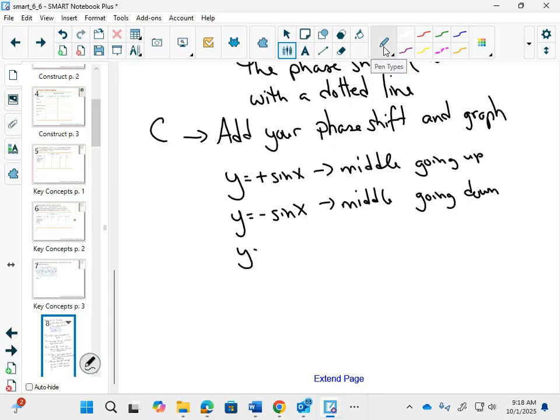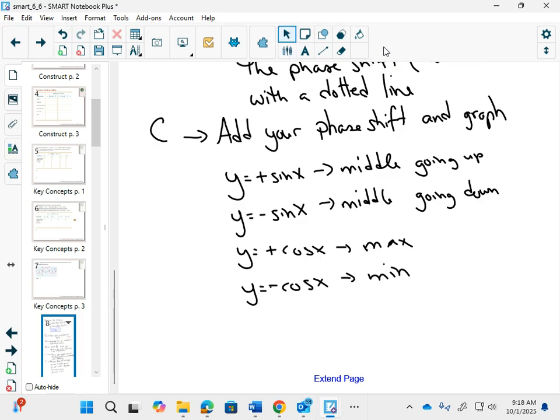Positive cos graph starts at a max, and a negative cos graph, that reflection will make it start at a min. So I put all of these ideas all together, creating us a shortcut to graph things quickly with DABC.